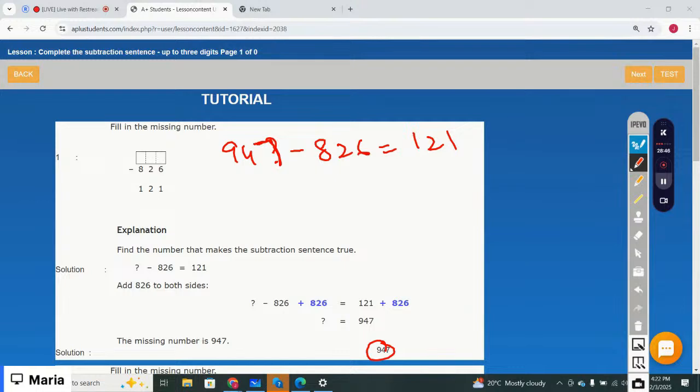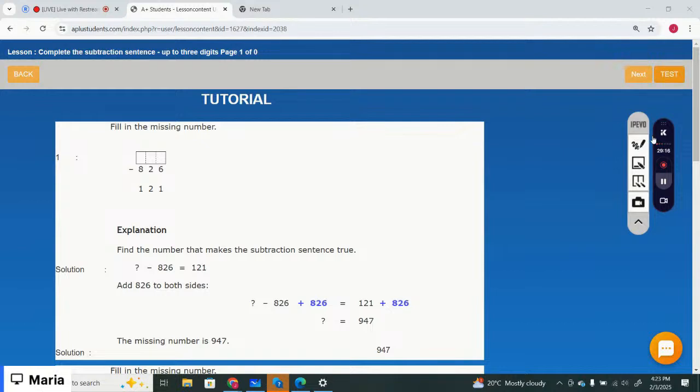You can check by subtracting. Let's just start with the test questions.